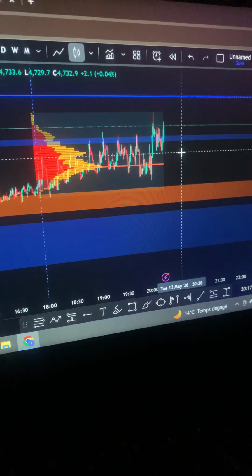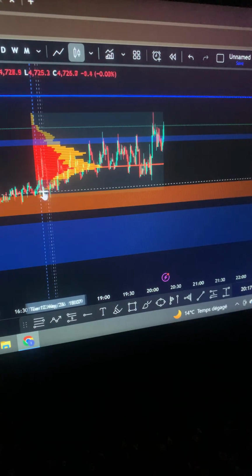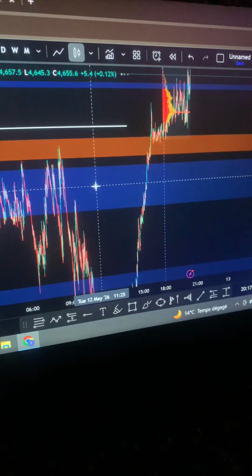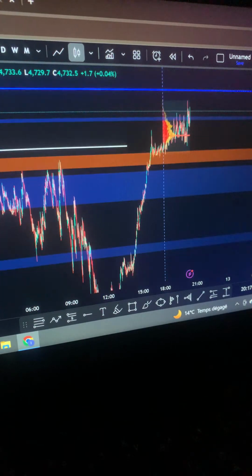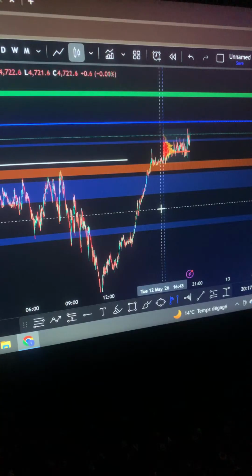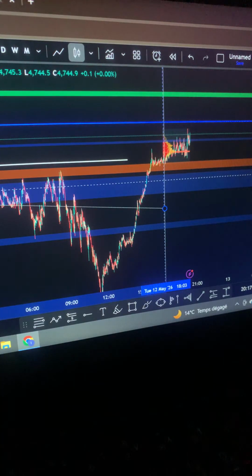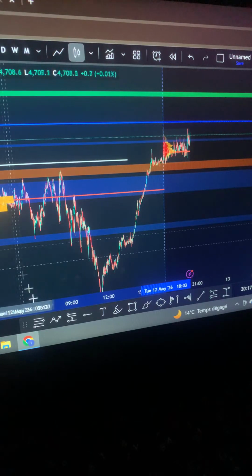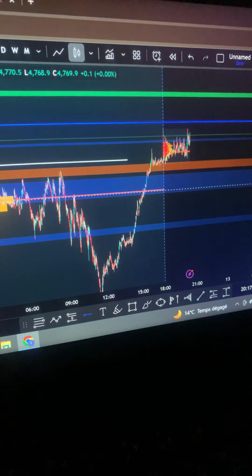But wait for buying below at least the daily open, into that POC that we said the price should come to, which I think is around, let me tell you the exact number, 4,710, around this one.